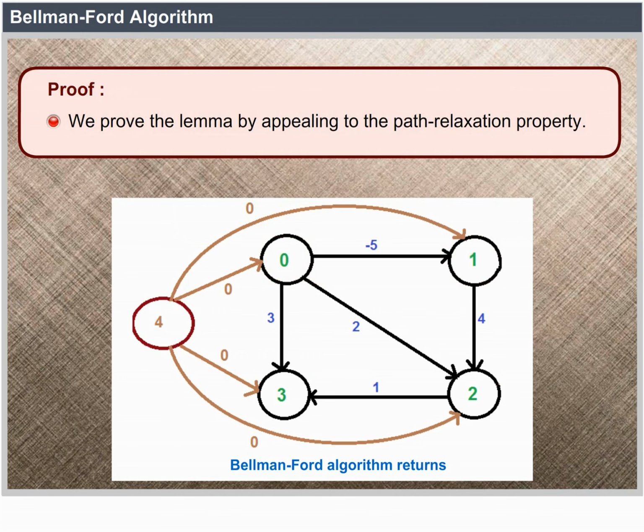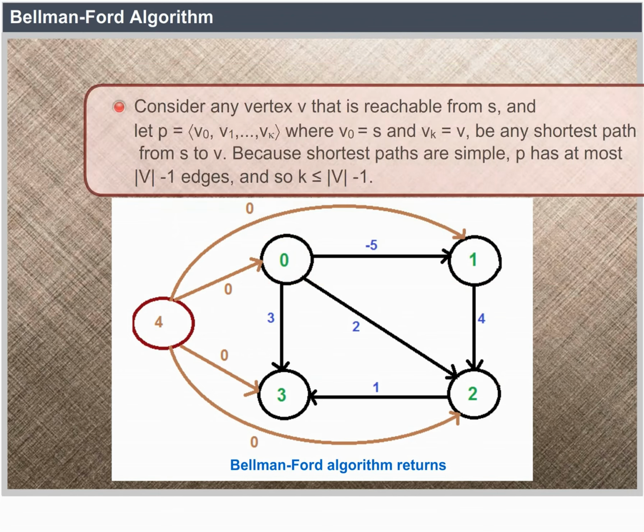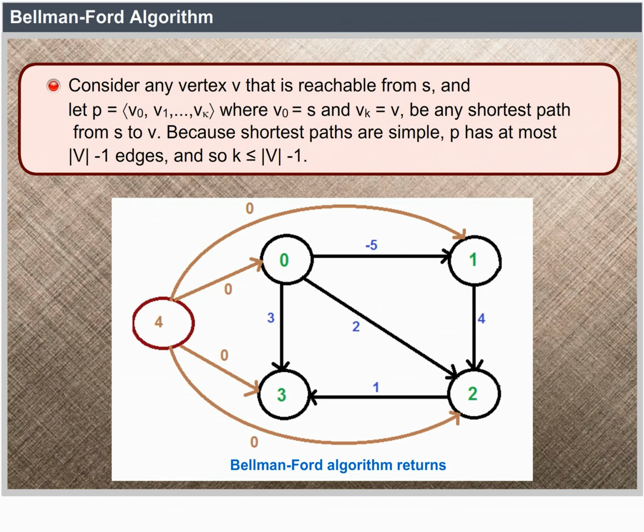Proof. We prove the lemma by appealing to the path relaxation property. Consider any vertex v that is reachable from s and let p = ⟨v0, ..., vk⟩, where v0 = s and vk = v, be any shortest path from s to v. Because shortest paths are simple, p has at most |V| − 1 edges, and so k ≤ |V| − 1.